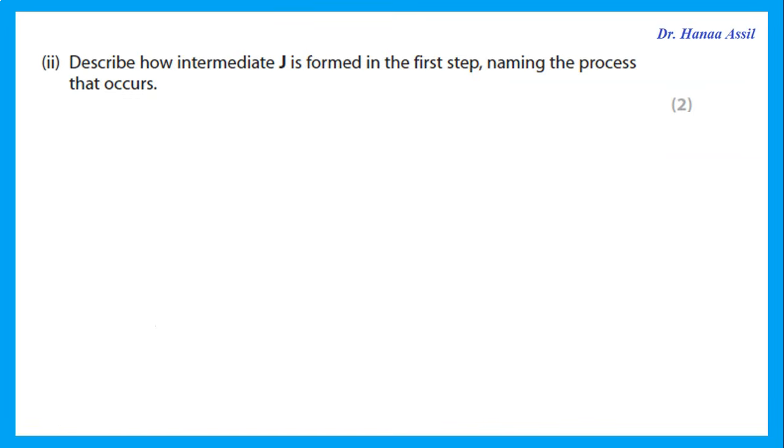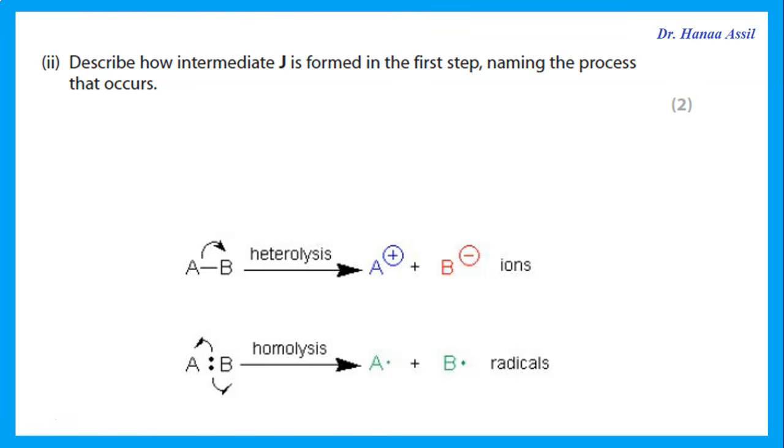Describe how intermediate J is formed in the first step, naming the process that occurs. What happens when we break a bond? Either both electrons go to one of the atoms. That forms positive and negative, and this is called heterolytic fission. Or we break the bond so that one electron goes to each atom.